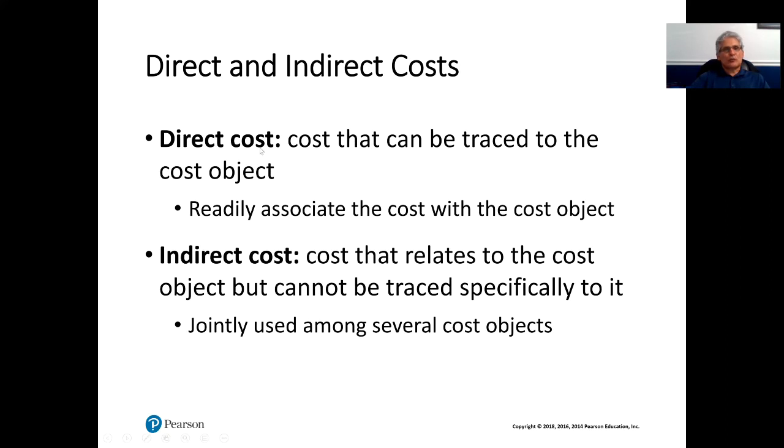When we're talking about direct cost, we're talking about costs that can be traced to the cost object or objective. And when we say it can be traced, it's readily associated with the cost object.